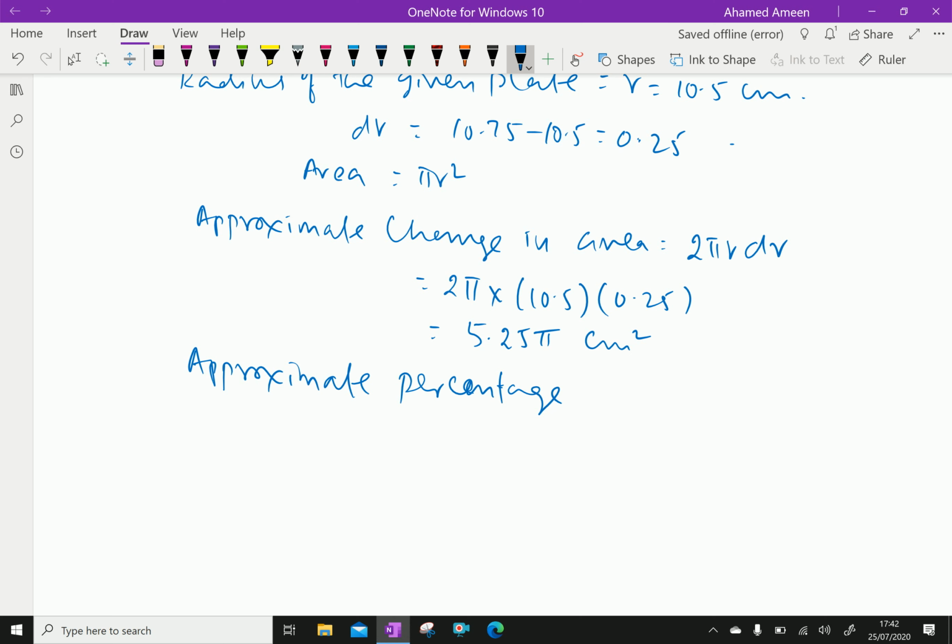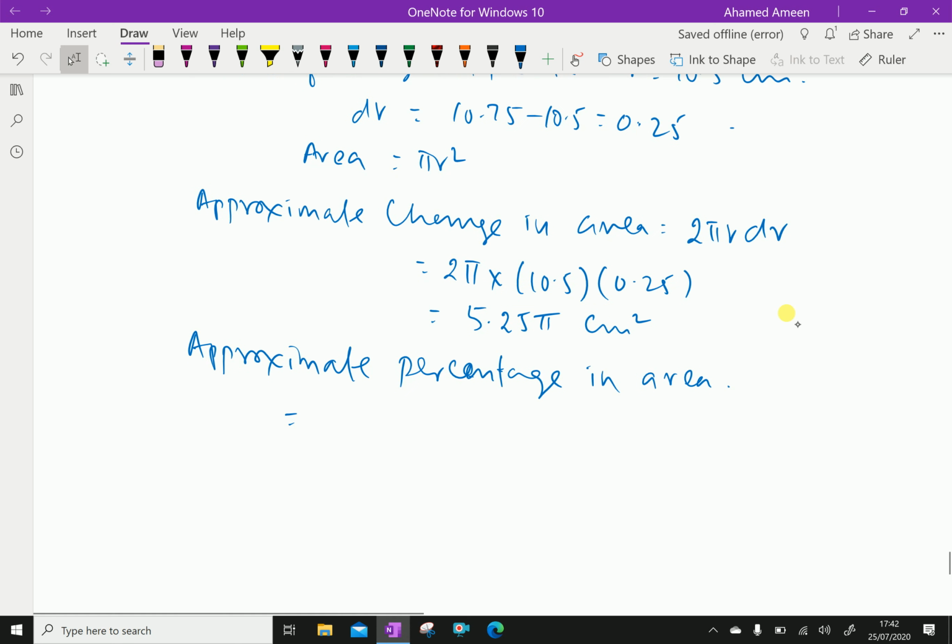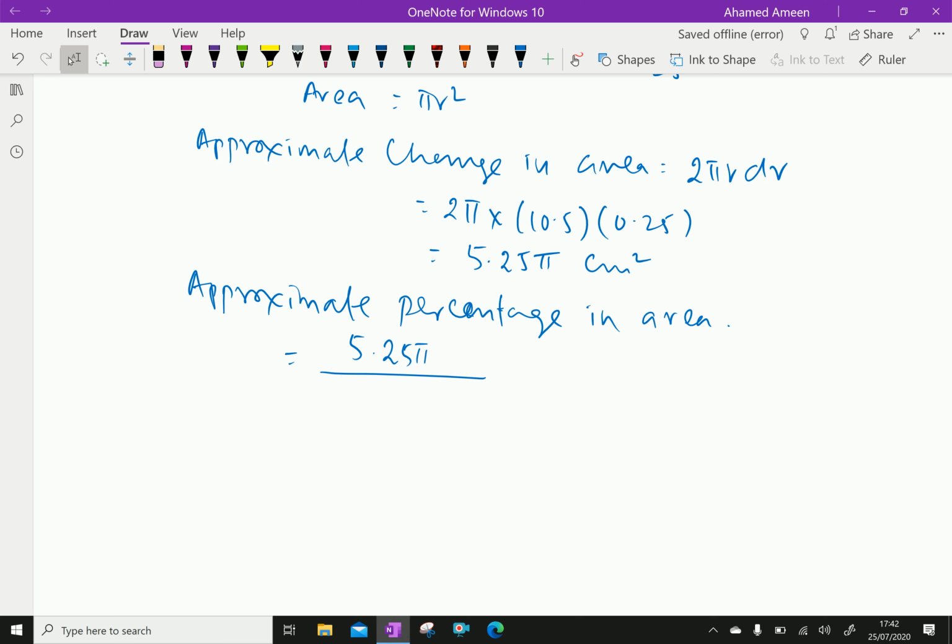Approximate percentage change in area equals 5.25 pi over actual area pi r squared, into 100.